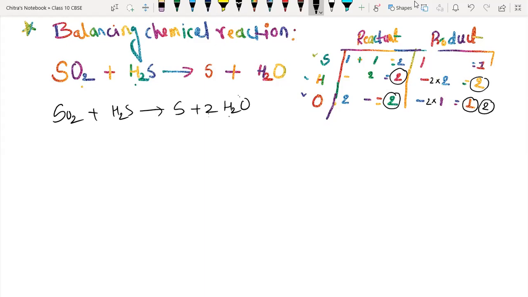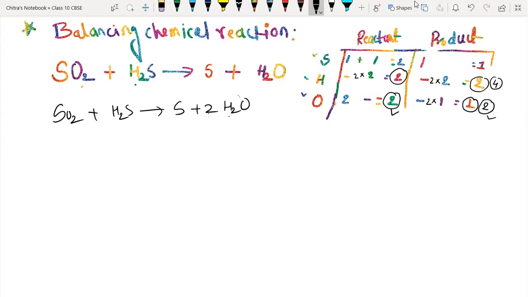So the total number of hydrogen has now become 4. Oxygen is balanced: on the reactant side we have 2 and on the product side we have 2. But now hydrogen on the product side is 4 and on the reactant side we have only 2. So on the reactant side where hydrogen is present, we have to again multiply by 2.